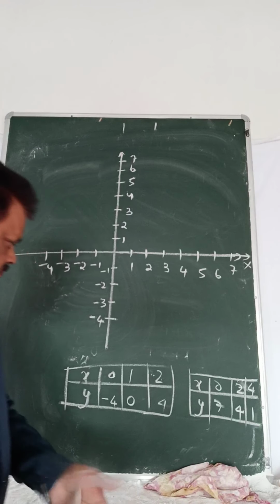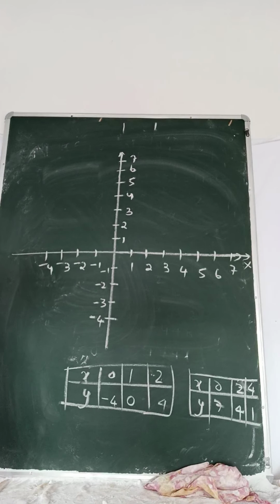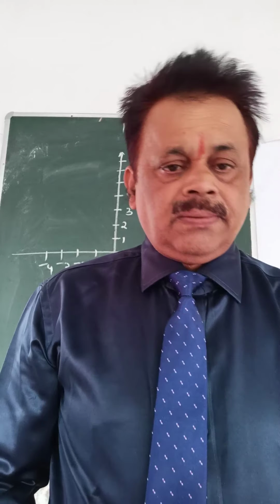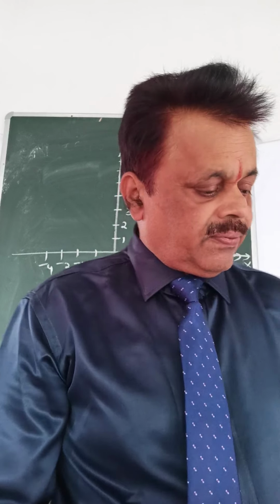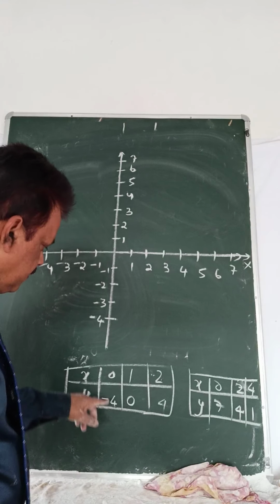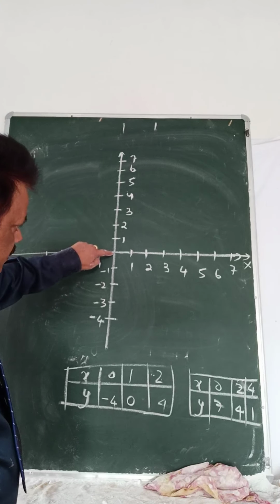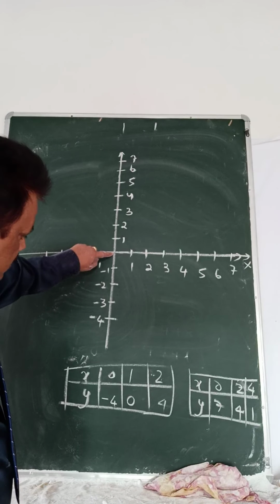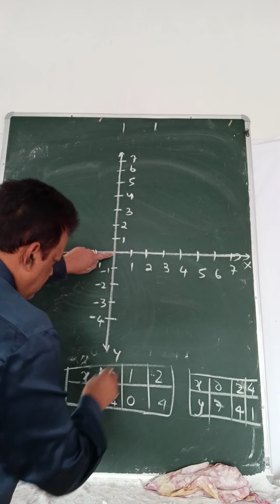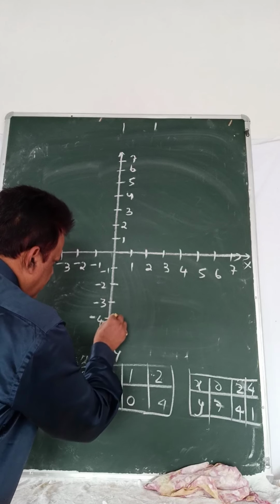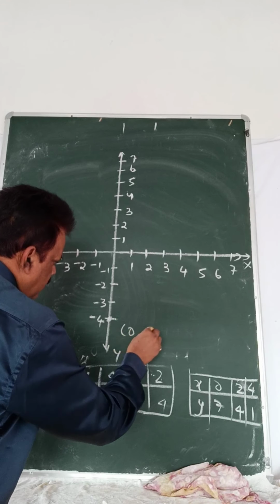So what we'll do is, you have taken equal distance. Then you will find the first point, look at here, (0, minus 4). The value of x is 0, y is minus 4, means you will come this way, minus 4. So this point (0, minus 4).